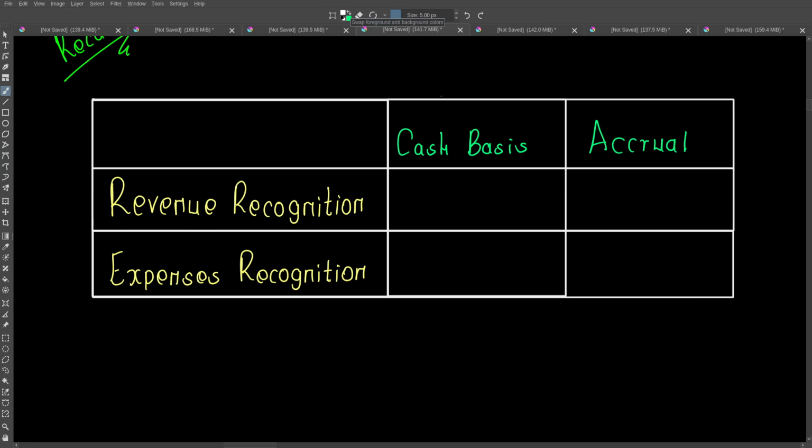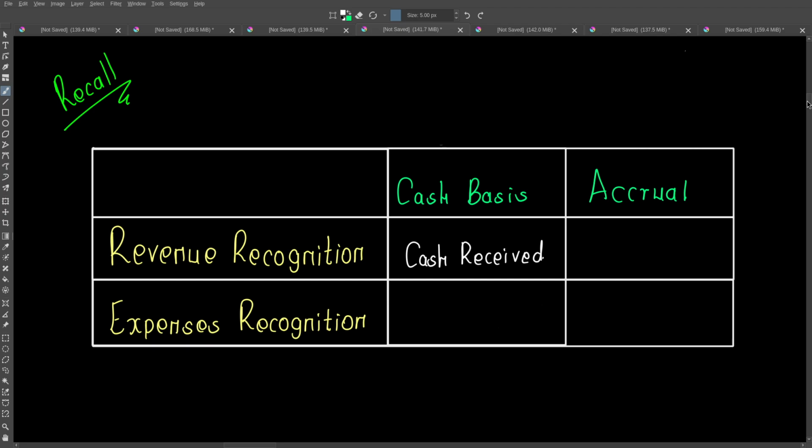We recognize revenue when cash is received. So if I'm selling to you and I'm a business using cash basis accounting, I will recognize revenue when you have paid me and I have received that money.